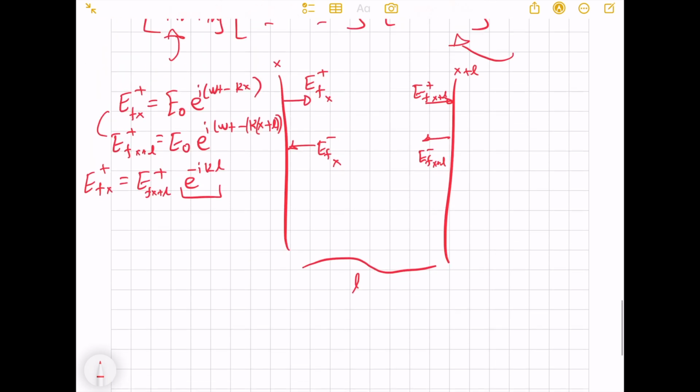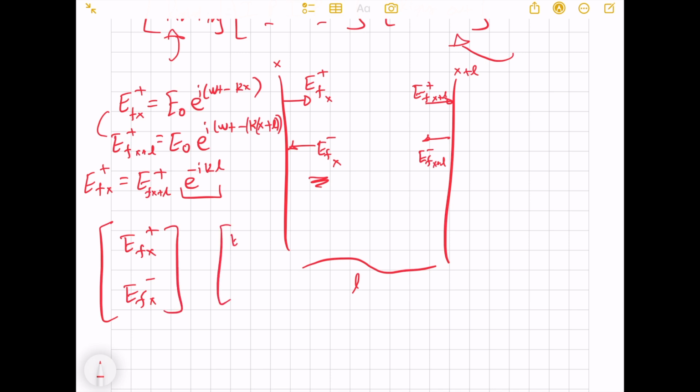So if you work it out, you find that our goal for the propagation matrix is to define E f x plus and E f x minus in terms of E f x L plus and E f x L minus. It's to have some propagation matrix, and that's what we're trying to determine.